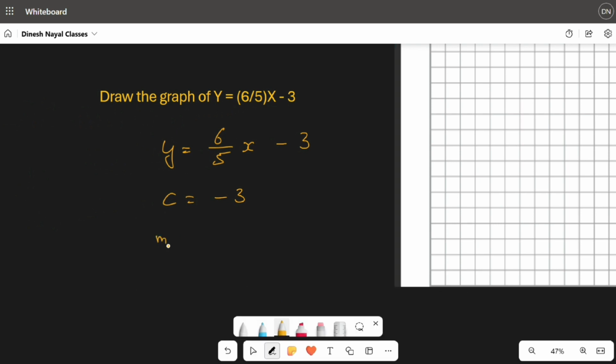So what is the gradient? Gradient m is 6 by 5, that is y step by x step. So the x step over here is positive 5 and the y step is positive 6.